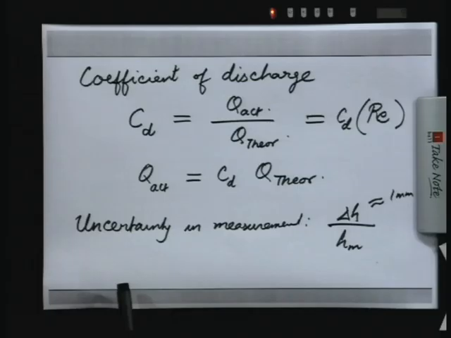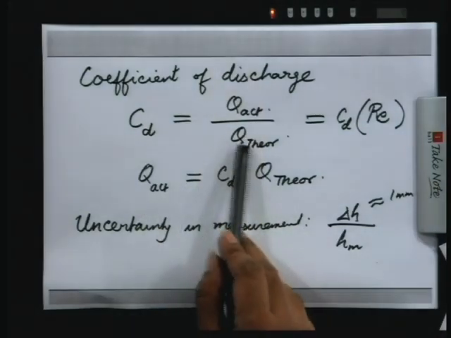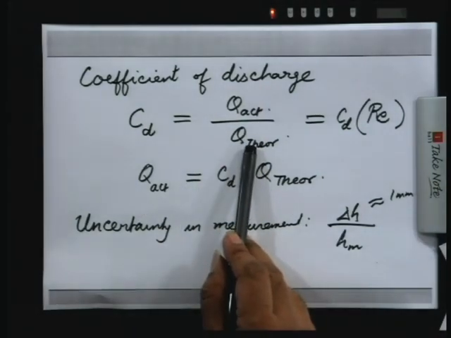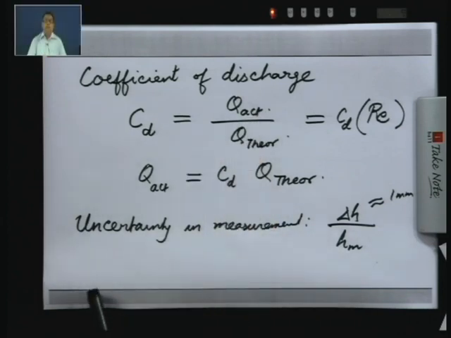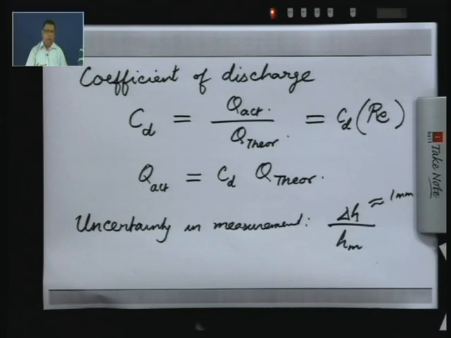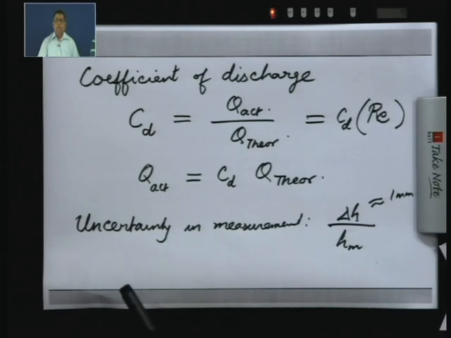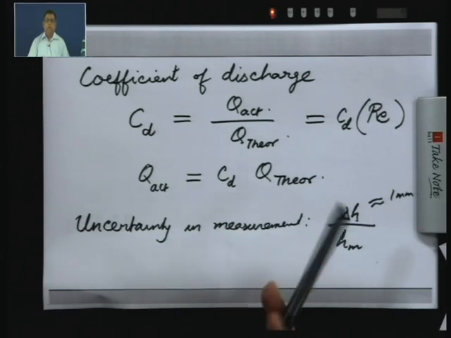Now, to find C_D, you have to do calibration experiments where you measure H_M, the manometer deflection, and find out what is Q theoretical through the formula which you have derived, and the Q actual you have to find by collecting the water, let us say in a beaker or measuring flask, timing it and finding the actual flow rate. You can repeat the experiment for different Reynolds numbers and find how C_D varies with Re.